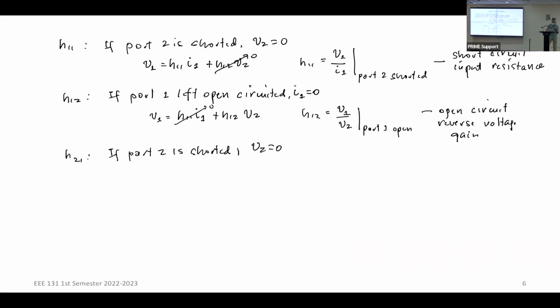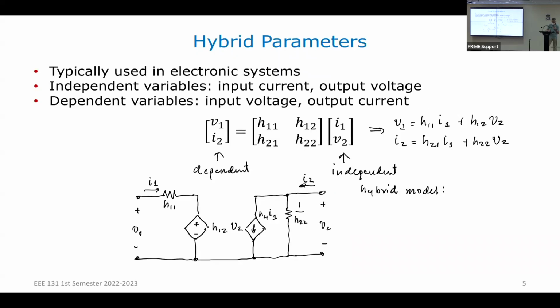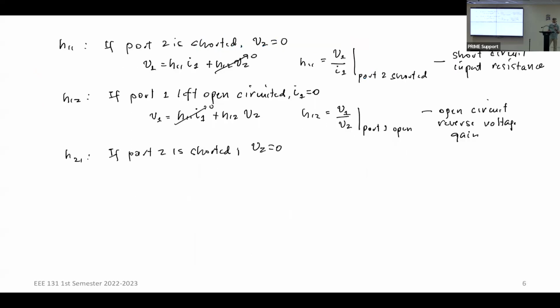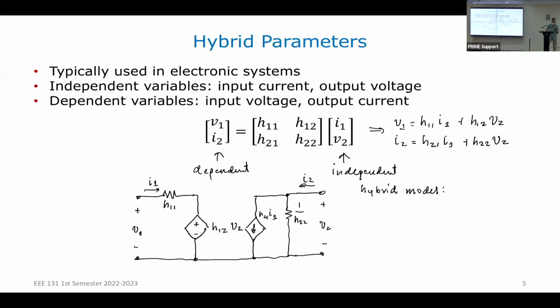Okay, ano yung equation natin? I2 is equal to H21 I1 plus H22 V2, no? So this is going to be equal to 0. Or I2 is just going to be H21 times I1, no? Kita naman yan, ano?